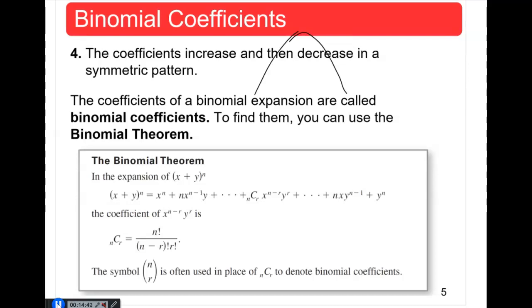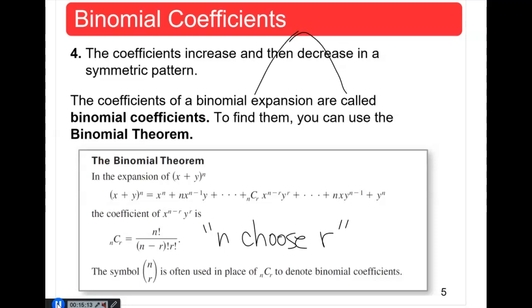And one of the things that perhaps you have not seen yet is the notation that has a little subscript of r, and then it has an n, also like a subscript but on the left side. And what that means is we could read it this way: n choose r.